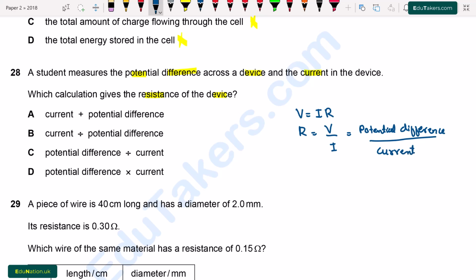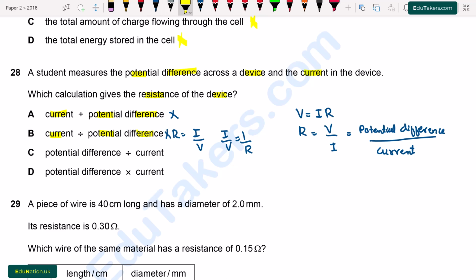Now we see the options. Option A, current plus potential difference. So this is incorrect because here is addition. B, current divided by potential difference. Here this says that resistance is equal to I over V, which is incorrect because I over V is basically equal to 1 over R. So this option is also incorrect.